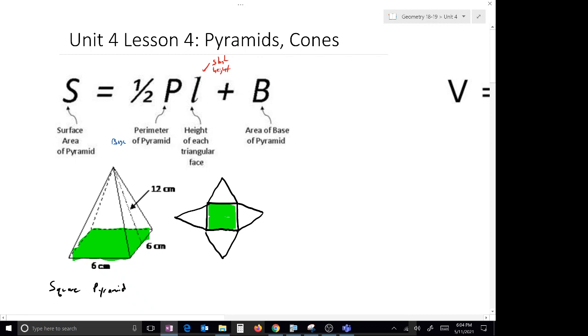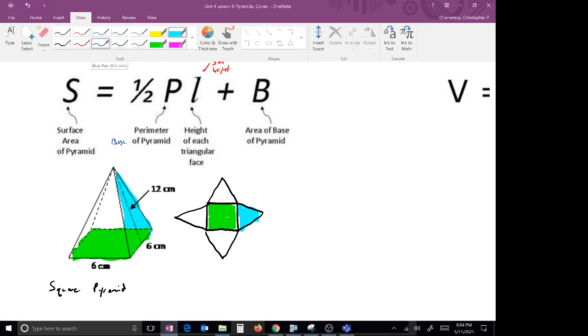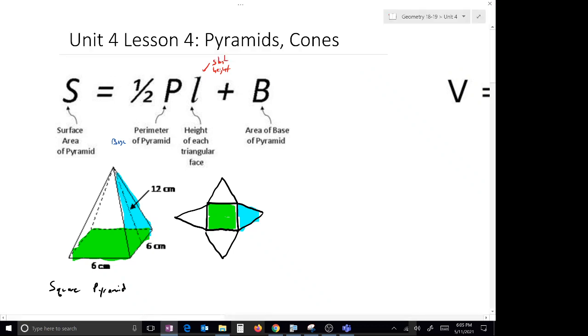And then we have four of these triangles wrapped around. So essentially, what we're going to do is find the area of a triangle, but instead of just doing one triangle, we're going to find all the areas at once by using the perimeter around our square, or whatever shape our base is, as the base of our triangle.